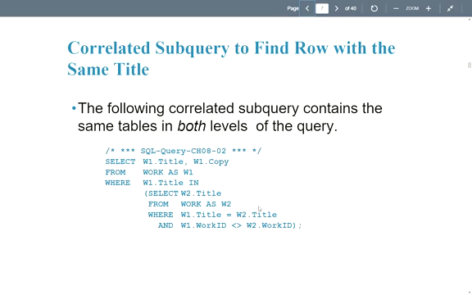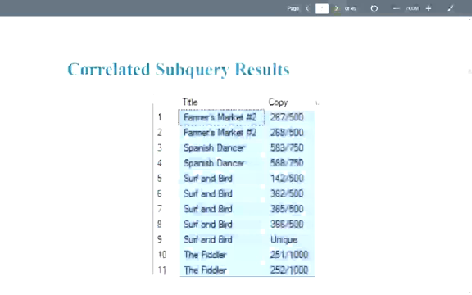Try to see if you can identify the same title and the same copy number. If you can find that, that will be a potential data quality error. So that is something that you can try.